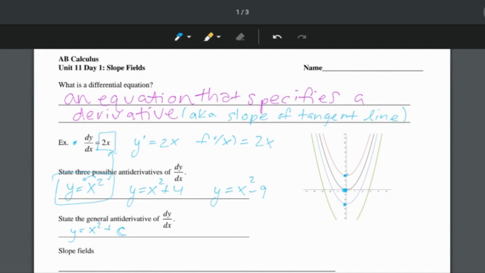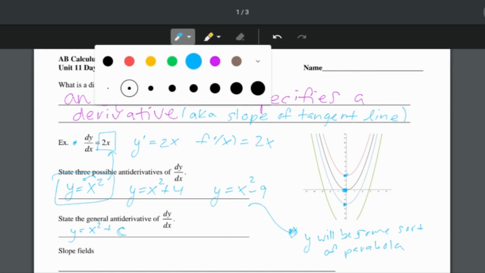I think it's important to remember that these antiderivatives, in this case, the original function y, will be some sort of parabola. It could be moved up or down depending on what constant you have, or if you have a constant at all, but it's going to be some sort of parabola.